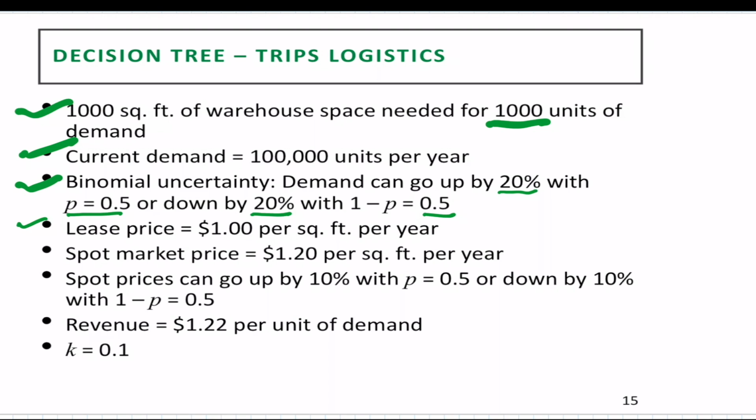Lease price is $1 per square foot, spot price $1.20, and also spot prices can go up by 10% with the probability of 0.5, and they can go down by 10% with the probability of 0.5. Revenue is $1.22 and we are considering k equals 0.1.